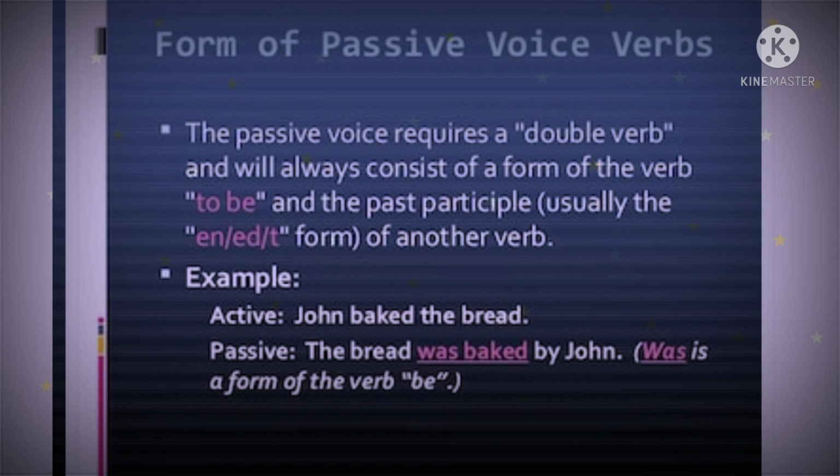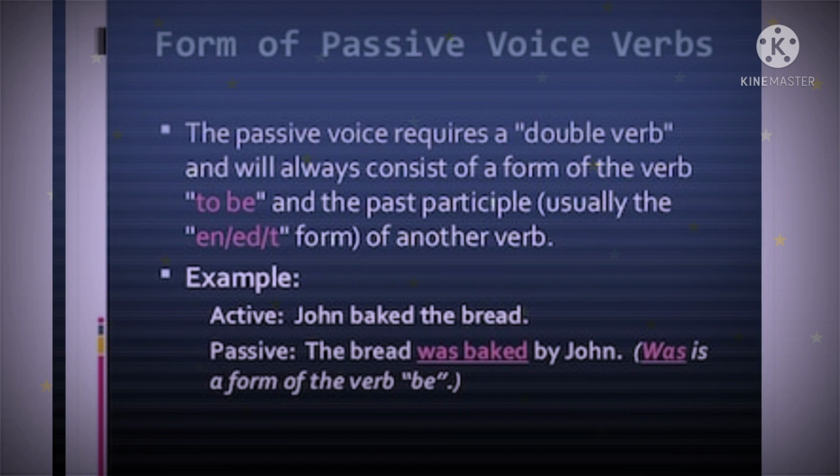Let's analyze the structure, or the form, of passive voice. When you form a passive voice, a double verb is needed: one auxiliary verb and another main verb. In simple present and simple past we do not use auxiliaries, but in passive voice, even in simple present and simple past, we use these auxiliaries.